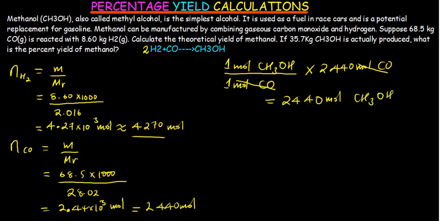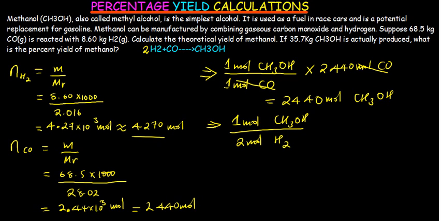Now we go to the hydrogen. We want to determine the amount of methanol that is going to be produced when we use hydrogen instead of carbon monoxide. So for every 1 mole of methanol produced, we are supposed to use 2 moles of hydrogen from the balanced chemical reaction. Then let's multiply by how many moles of hydrogen are available.